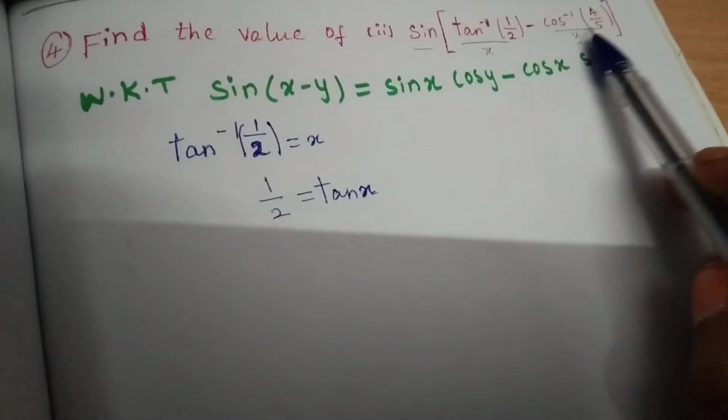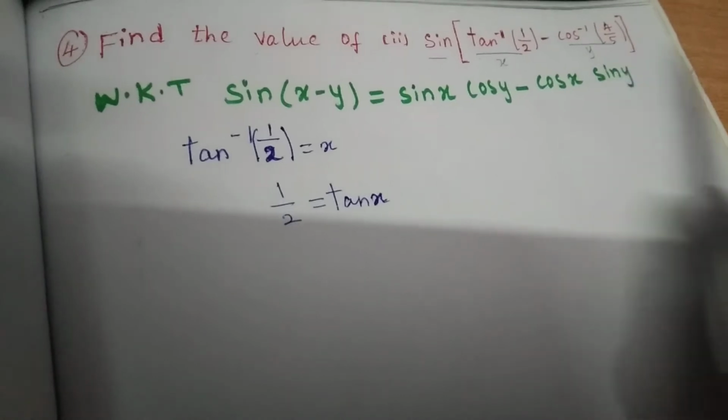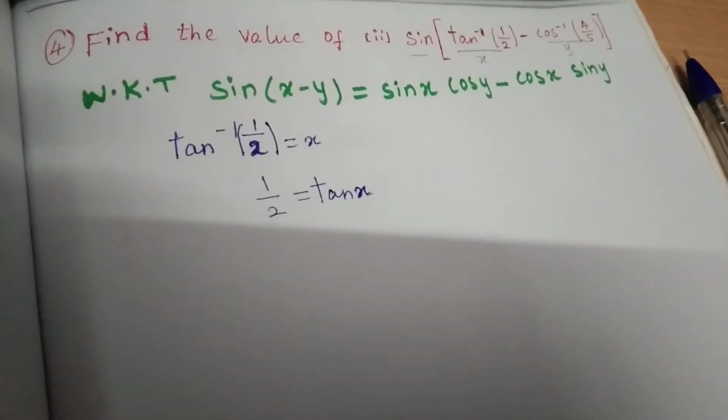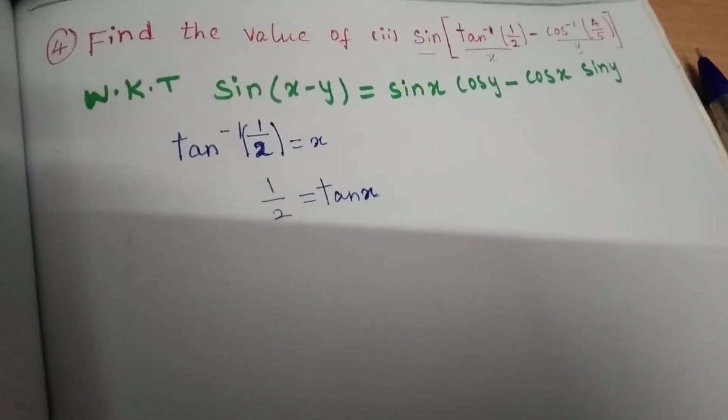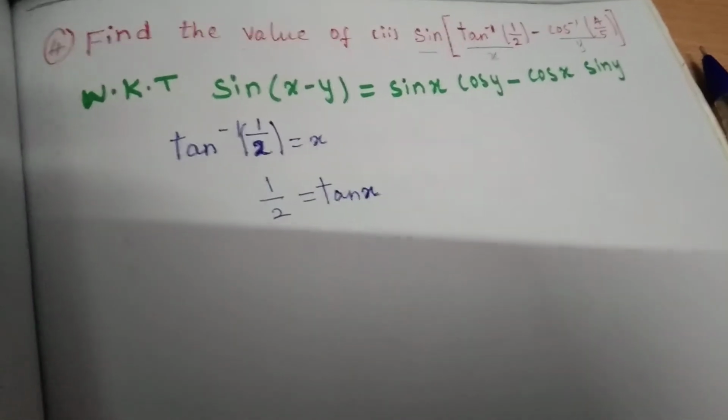Next we need to get cos x. How do we get cos? I can use secant x equal to 1 by cos x, the reciprocal format.